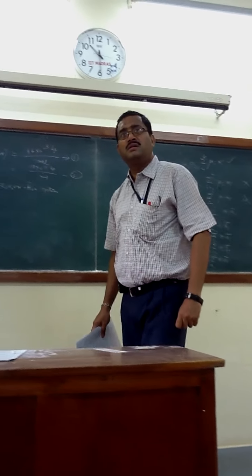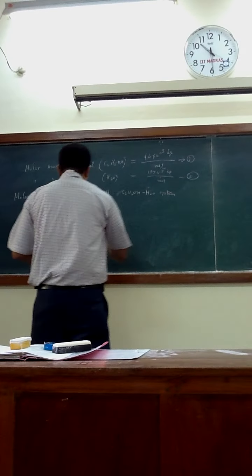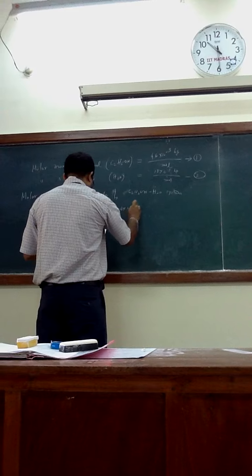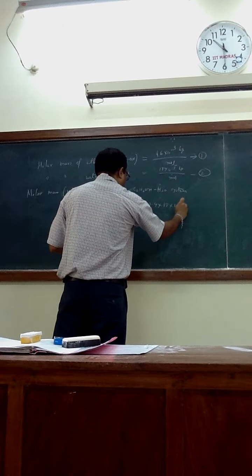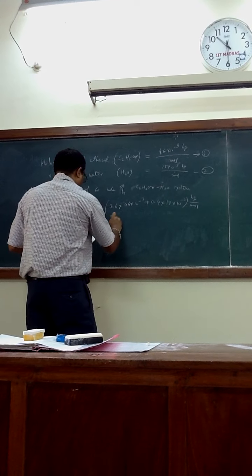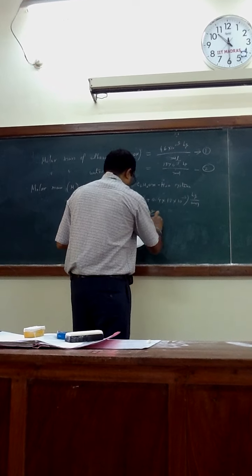Yes, that's the way, that's the complete answer. So it is 0.6 × 46 × 10^-3 plus 0.4 × 18 × 10^-3 kg per mole, and it comes to around 34.8 × 10^-3 kg per mole.